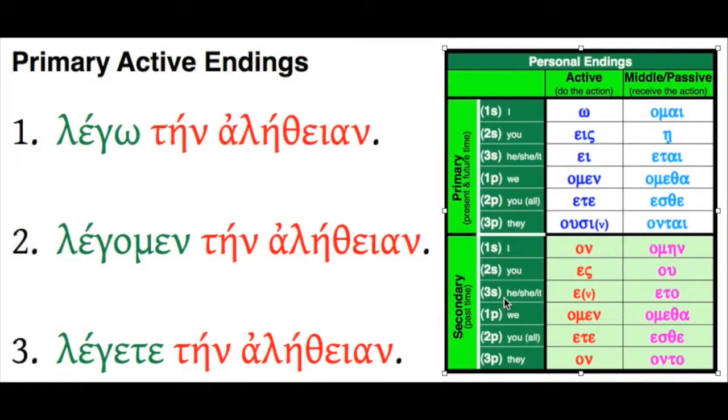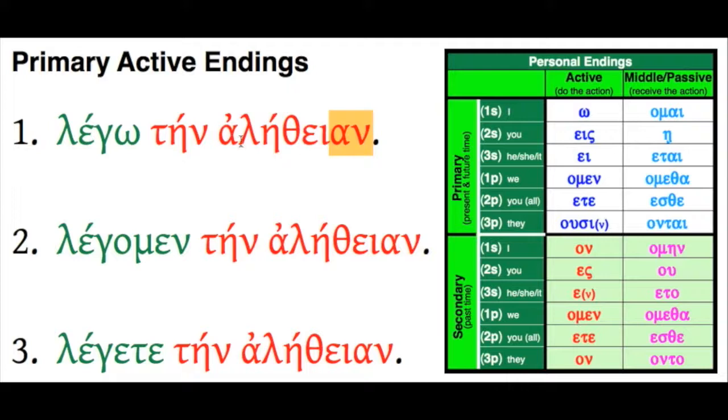Let's look at a few sentences now, and we'll start with the primary active endings. O, es, e, omen, ete, ousi. All right, well, let's tack those onto the verb lego. Lego means I speak or say. So, ten aletheian. Do you remember that word? Aletheia is truth.